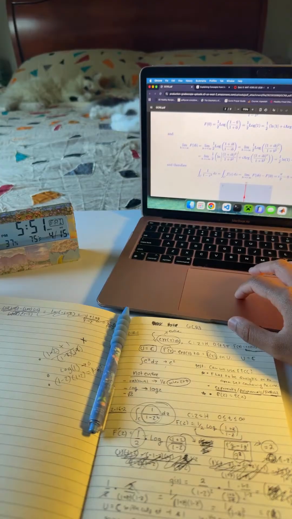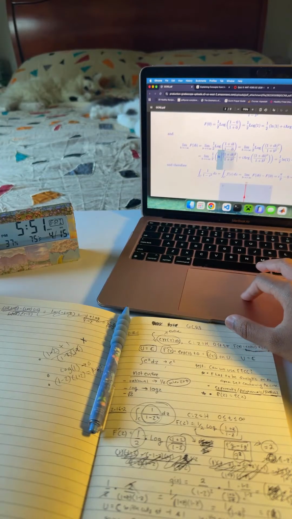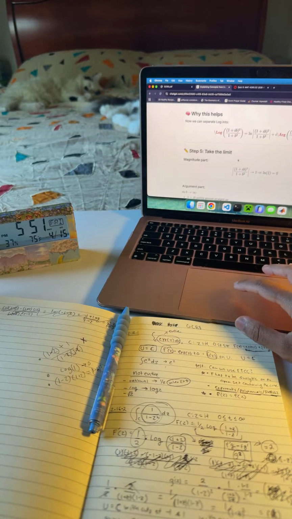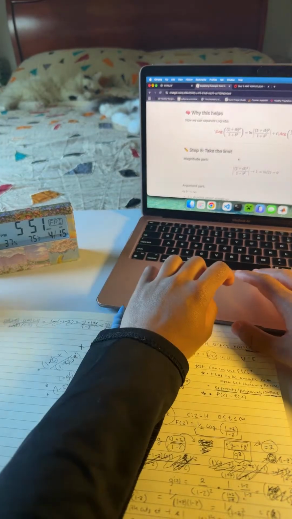But I have to understand where the ln plus I arg comes from. I know that was a formula for something. Probably like... I forgot by now. Magnitude.